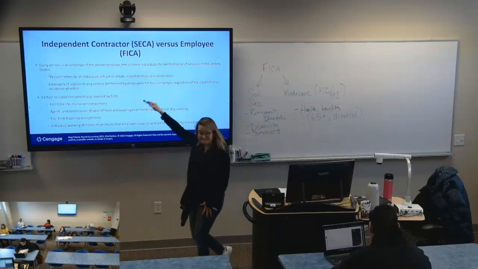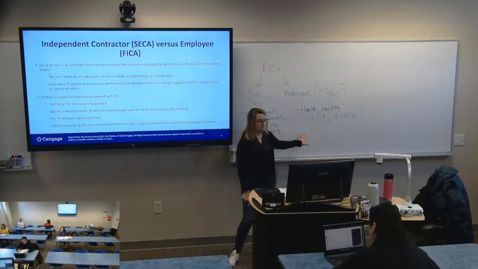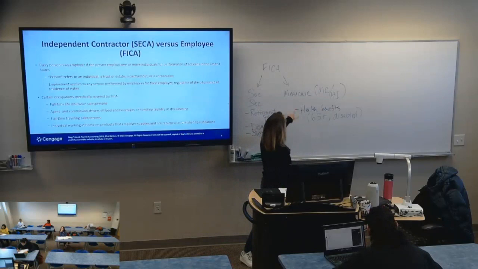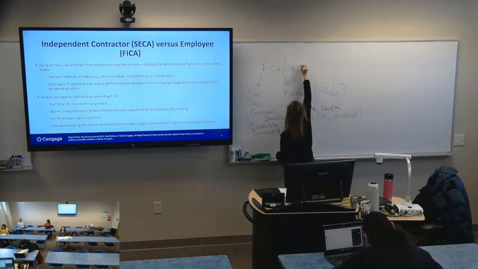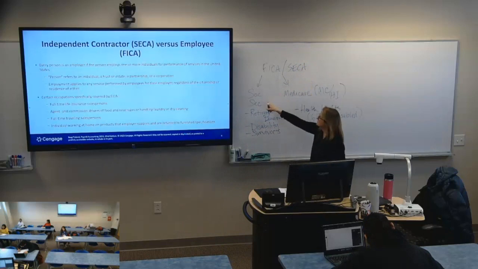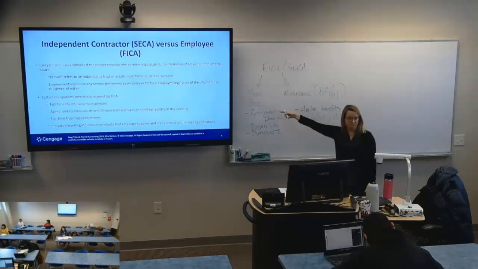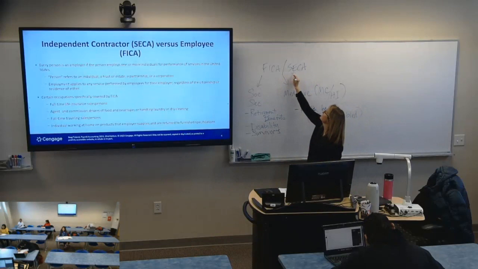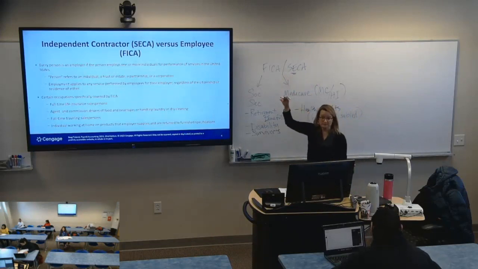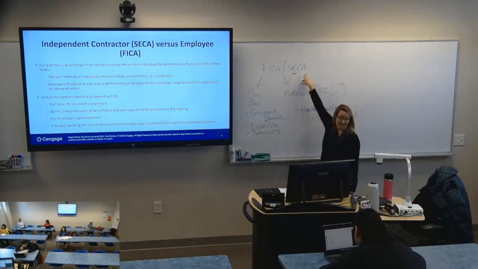Okay, so FICA taxes as opposed to SECA taxes. Again, they cover the same thing. They go towards part of it is Social Security tax, part of it is Medicare tax. But SECA taxes are for individuals who are self-employed. That's where the SE comes from, self-employed. Okay, Contributions Act, same thing, right?